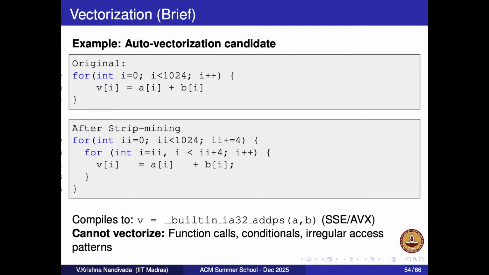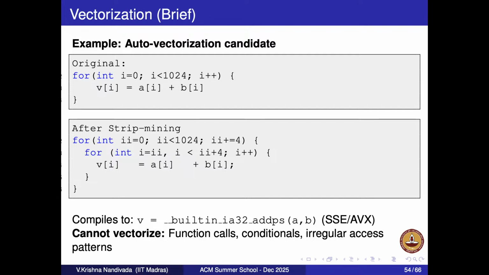Maybe what I can do is create new addresses: T1 equal to address of A sub I, T2 equal to address of B sub I. Then give to the vector instruction, boss, add starting from T1 and T2, take 4 elements: first of T1, first of T2, T1 sub 2, T2 sub 2 and so on, right?